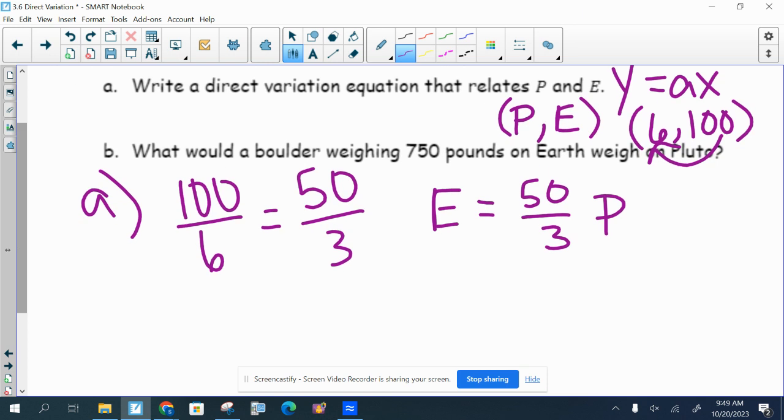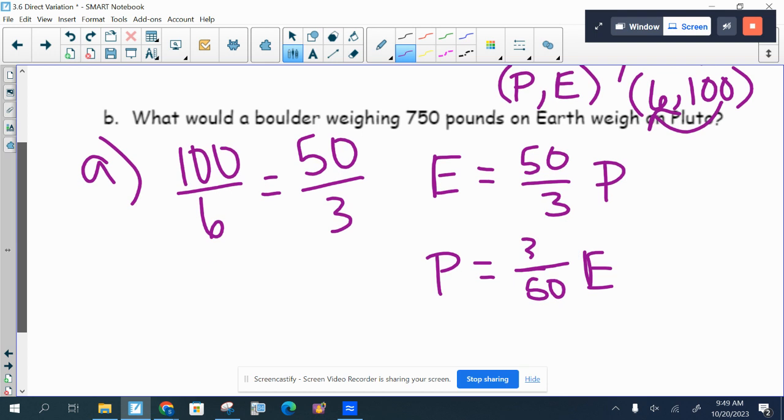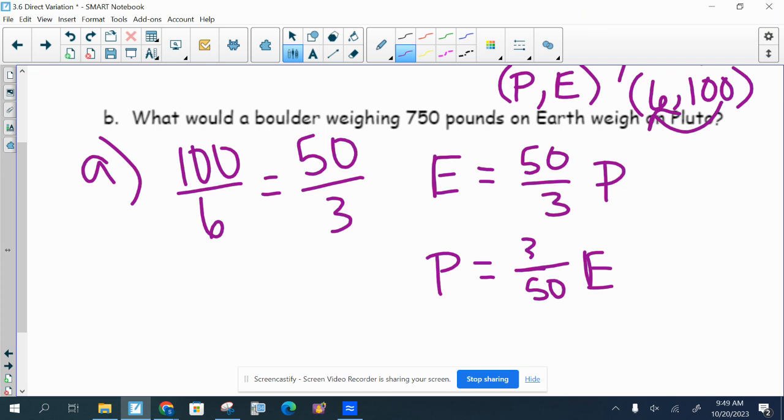In the other class, we wrote P equals 3/50 times E. Is that the same thing? How is it the same thing? Can you explain? You just guess. How is that the same? Ethan?